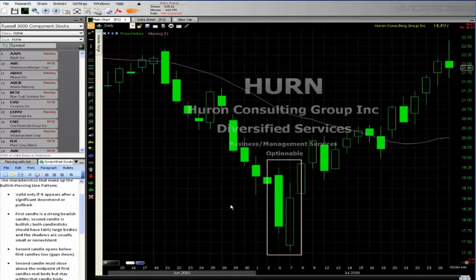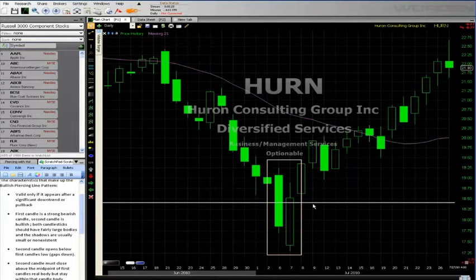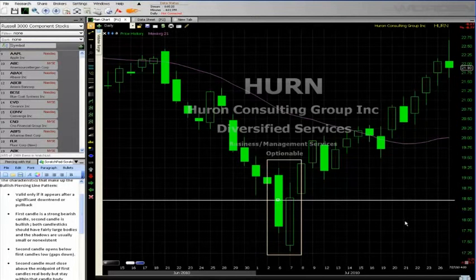To qualify as a pattern, it has to close over halfway up the body of the first, bearish candle.